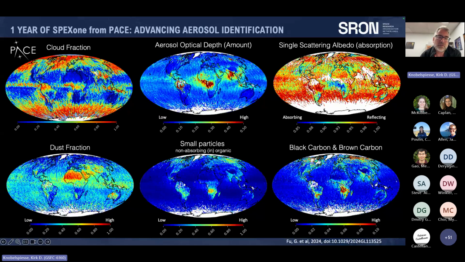This is how absorbing the aerosols are. And you can see, for example, these blue areas, which are highly absorbing and are associated with biomass burning smoke. There's a fraction for dust, and obviously you can see the Sahara Desert right here, and some other properties as well. So this is a very useful data set if you want to, for example, improve models of the atmosphere.